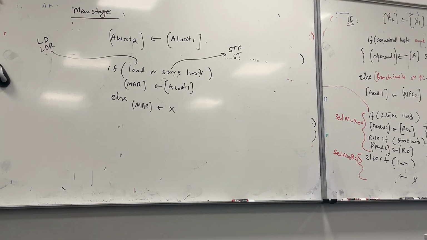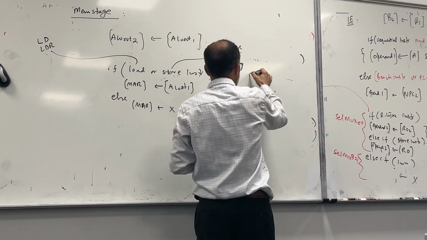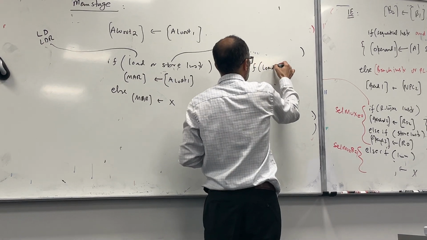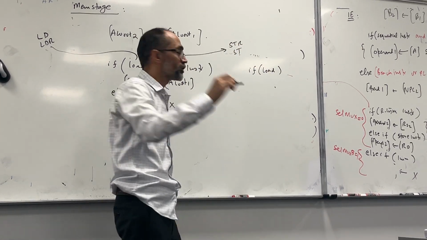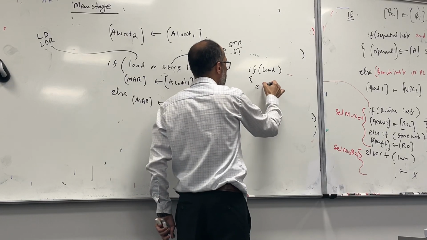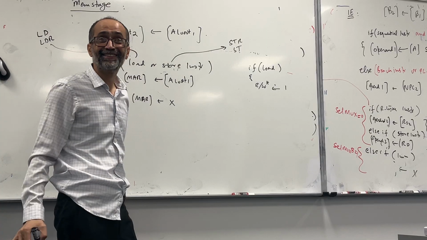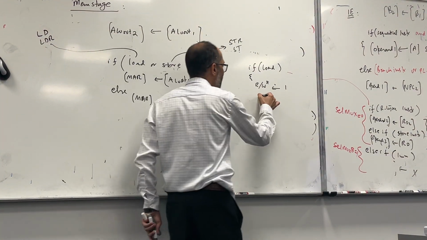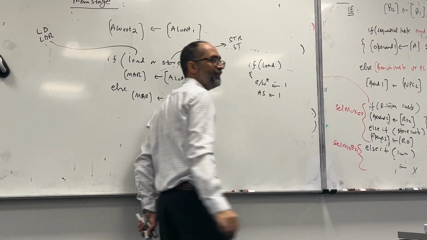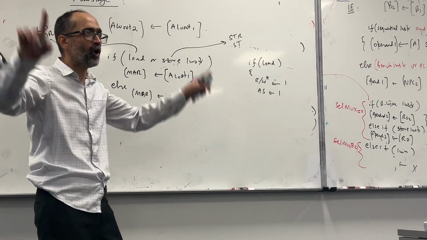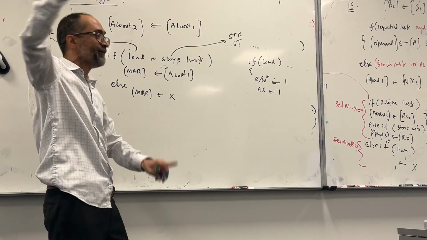Again, now we go into much detail. So we can say, if it's a load instruction, what will be read write bar? 1. What will be address row? 1. And the chip select, output enable, write in. Remember all these things? I'm not going into much detail.